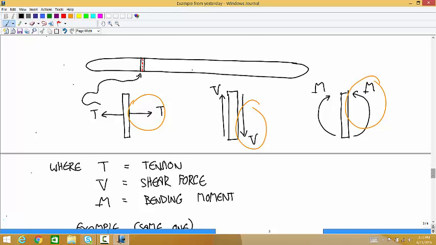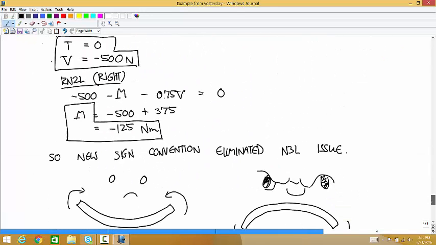Okay, so what I just did here would work if you had a candidate in mind, like, I'm afraid this beam's going to fracture here, and I want to calculate the internal loads at this point. But more often, you want to look at the internal loads all the way along the beam and see where it's a maximum or a minimum or whatever.